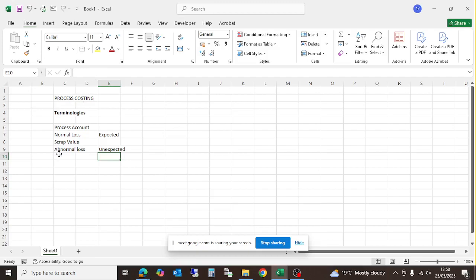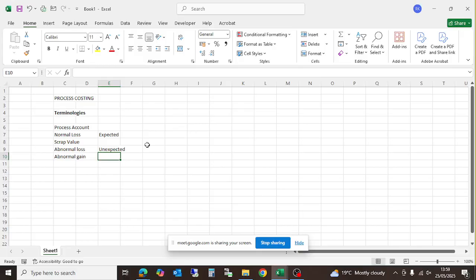And then we have terms like abnormal gain. If you understand the abnormal loss, what is an abnormal gain? This is a gain that you didn't expect. You expected a certain gain, like the output, but instead you gain more of that.